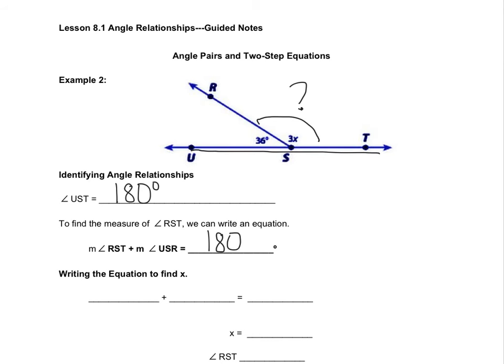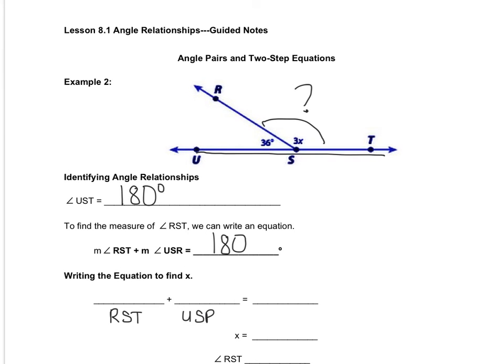So now here we have the measure of RST and USR. So we're going to plug in the information that we do know. For RST, the information we are given is that it is 3x.